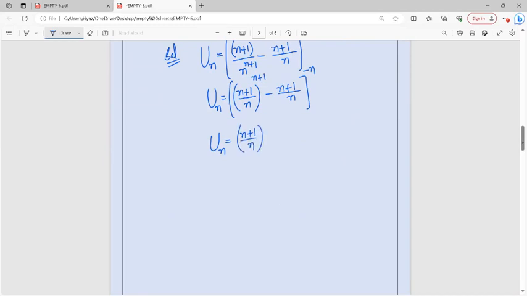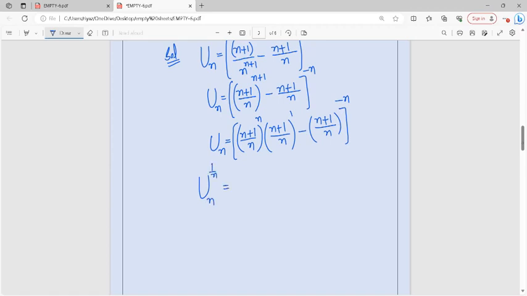Now I want to split it: (n plus 1 upon n) whole to the power of n, and (n plus 1 upon n) whole to the power of 1 here, minus (n plus 1 upon n) whole to the power of minus n. Now taking the nth root, this is un to the power of 1 by n.